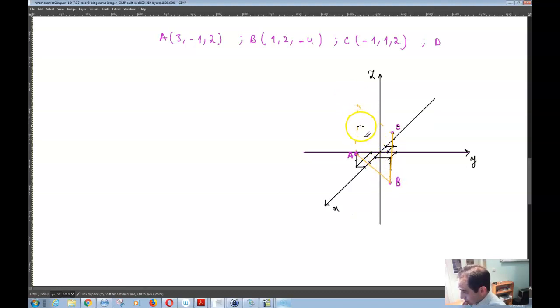So now, since we know that in a parallelogram the diagonals bisect each other, as you can see, they meet at this point. This point of intersection is the midpoint of these two vertices and also the midpoint of these two vertices.